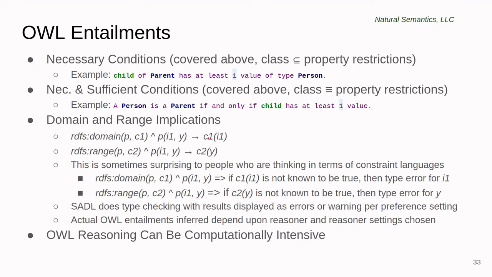In other words, if we know the domain of a property and we have a triple with that property, then the subject of that triple should belong to the domain class.